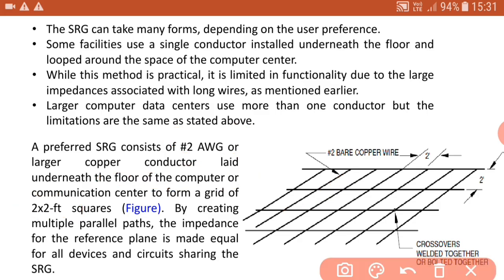And these cross points are welded together or bolted together, so they are fixed in place. Welding is better than bolting.